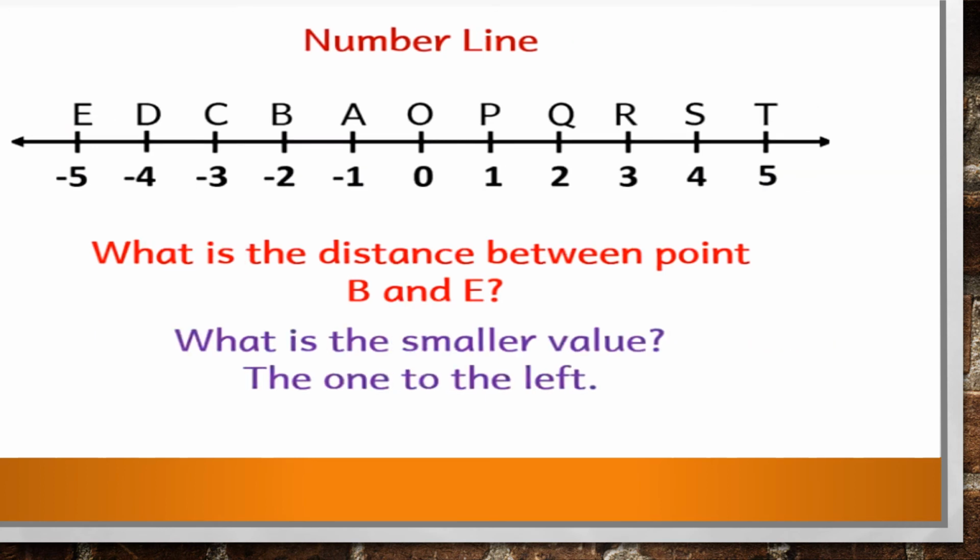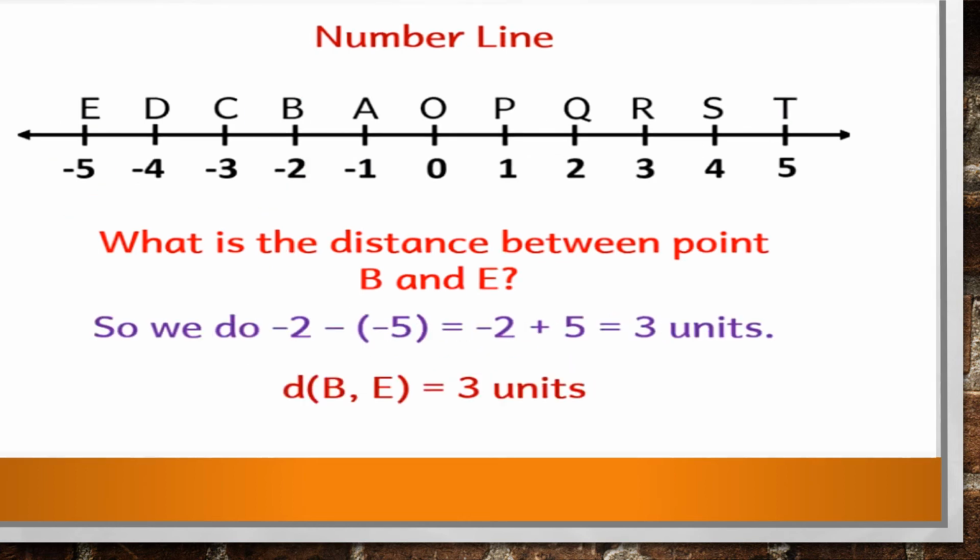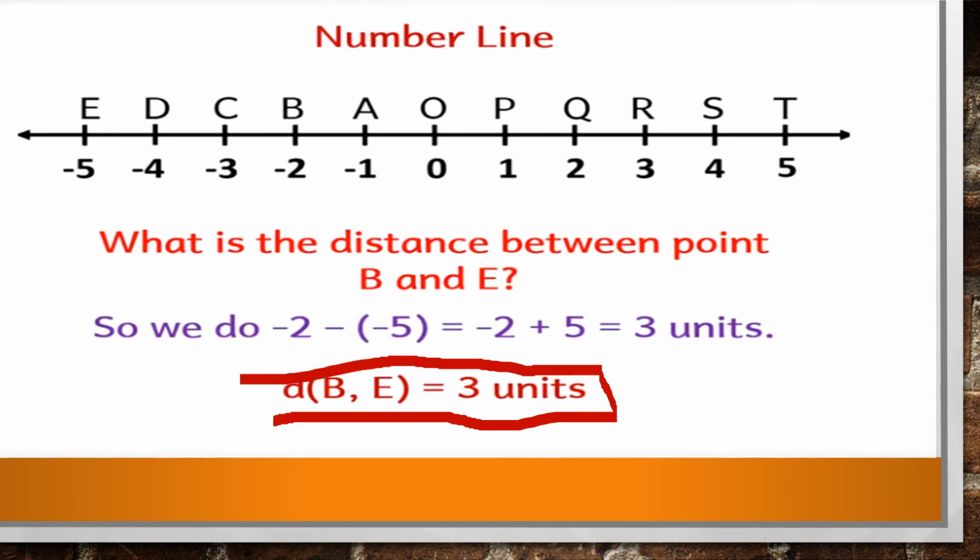So what is the smaller value? The one to the left. This is the smaller value, the one at the extreme left is smaller, and the value of B is bigger. So how will we write it? -2 minus bracket -5, which will be equal to -2 plus 5. -2 and plus 5 gives me 3 units. And how do you write it down? Distance of BE is equal to 3 units. Alright, so this is how you solve the sums.